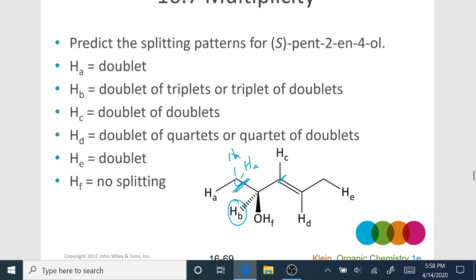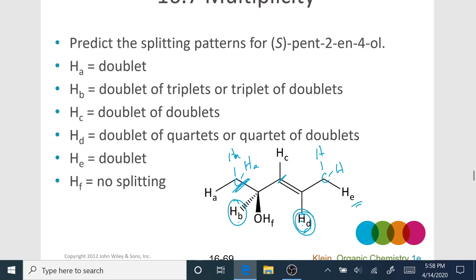So it's either a doublet of quartets or a quartet of doublets. HC is going to be a doublet of doublets, split by each of these. HD is going to be a doublet of quartets because there are 3 hydrogens here. And HE is going to be split as a doublet by HD.